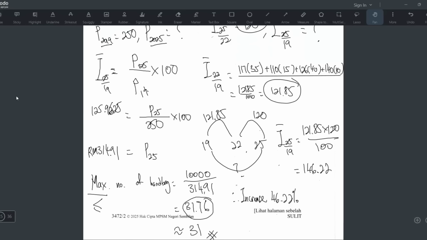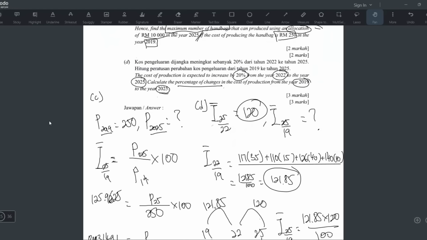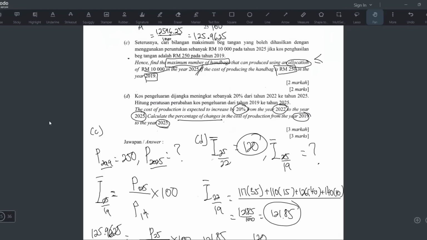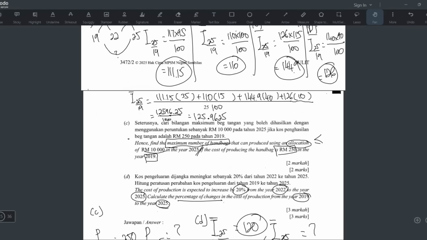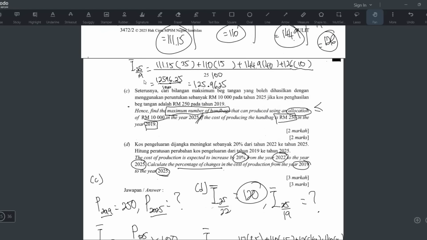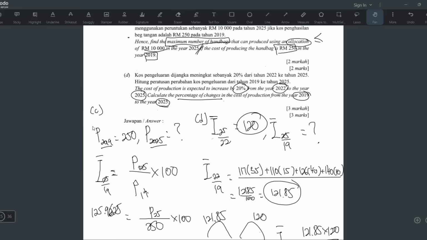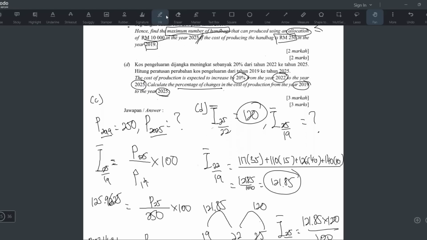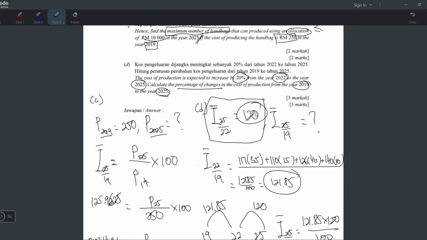Okay, but this question is very weird because the composite index for 2519 is already here. So it's like we have two different answers for the composite index 2519. Yeah, but I do it like this because I try to use this information. Because surely they wouldn't give this information just for fun.